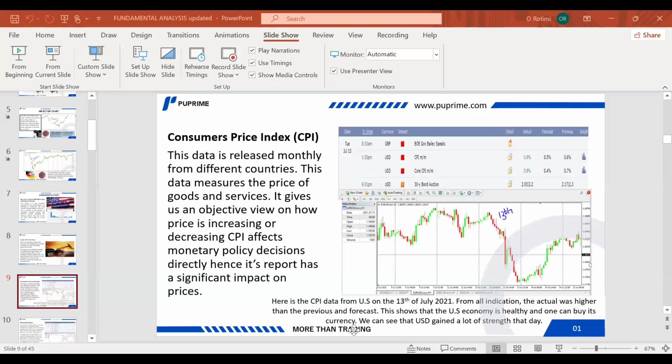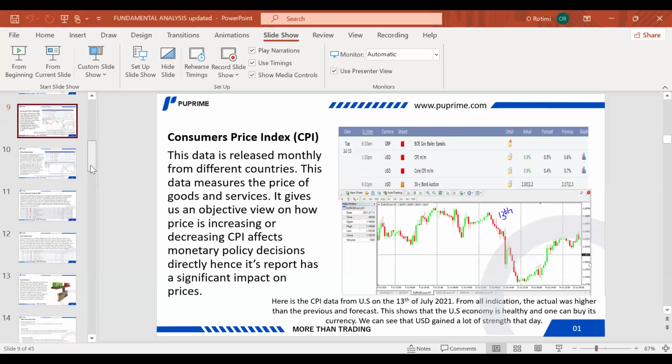Hence, its report has a significant impact on prices. Now, like I said, the two news we trade live at PU Prime are NFP and CPI. So always watch out for these two. CPI always comes out sometimes a week or two weeks after NFP, but it's equally a volatile event, just like the NFP.